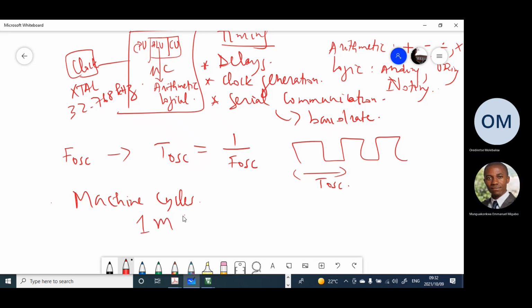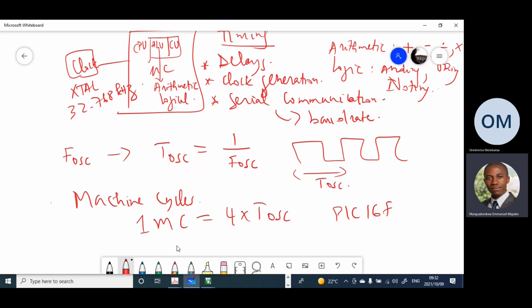So we are always told one machine cycle is equal to how many clock pulses. For example, for the PIC 16F you used in digital systems 2 back in the time, one machine cycle was equal to 4 clock pulses. For the AT51 microcontroller you used in digital systems 3, you had 12 clock pulses per machine cycle.